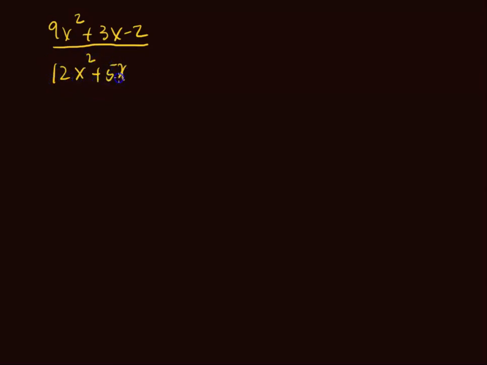9x squared plus 3x minus 2, over 12x squared plus 5x minus 2, divided by 9x squared minus 6x plus 1, over 8x squared minus 10x minus 3.